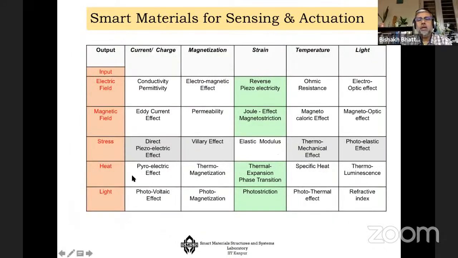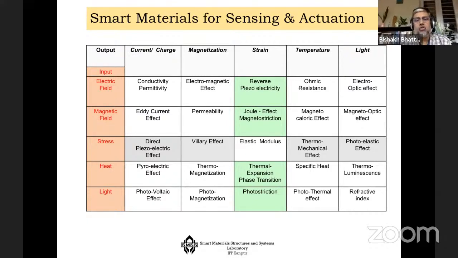And the smartness of all these materials can be nicely grouped in this particular table, where horizontally what we are looking at is the output. So you can see the outputs in terms of current or charge, magnetization, strain, temperature, or light. And vertically, column-wise, what you can see is the input energy. If your input energy is mechanical and you get output as strain, then there is nothing smart about it.